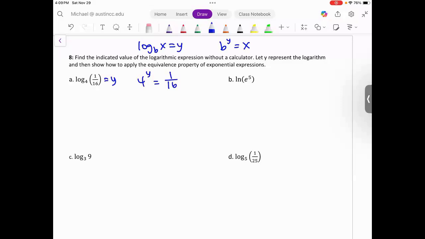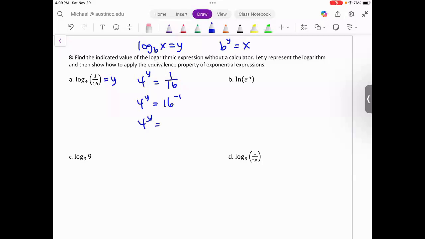So we need that right side to have a base of 4. We need to manipulate it in such a way. The first step is to get that 16 up into the numerator. One of those tricks that we learn is that we raise it to a -1 exponent, which would be equivalent to that 1 over 16. Now, we're closer, but we still need a base of 4. We know 16 is the same thing as 4 squared.